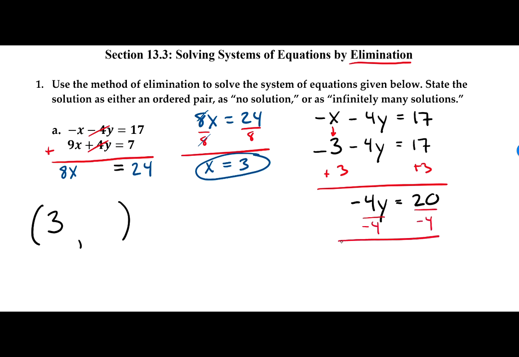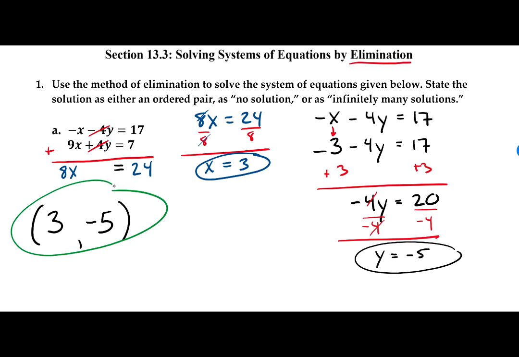And we want to solve for y, so divide by negative 4, so the times negative 4, divide by negative 4, they cancel. And we get y is equal to negative 5. And that's the other half of our answer. So this is just a different method, or a different way of solving the system of equations.